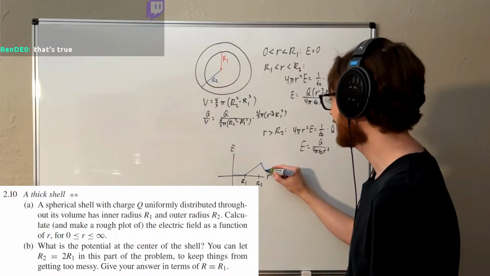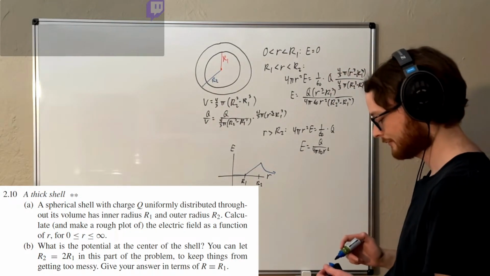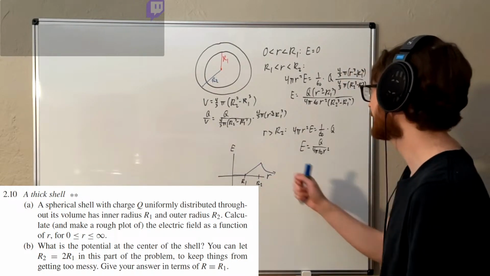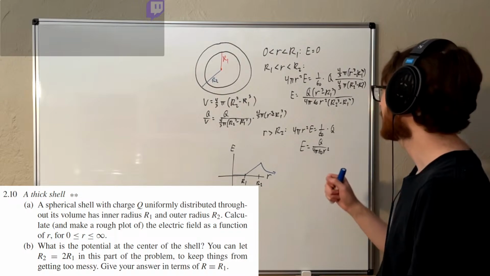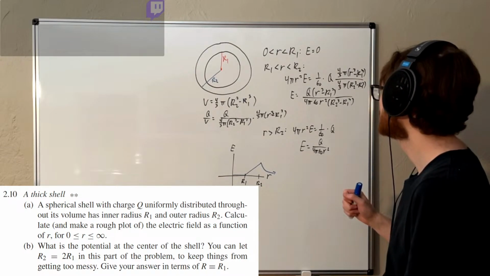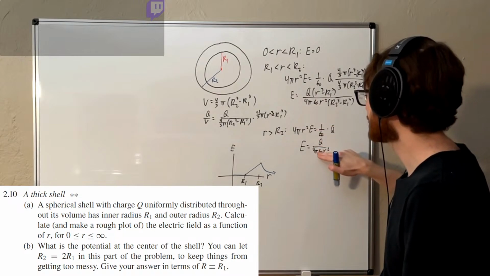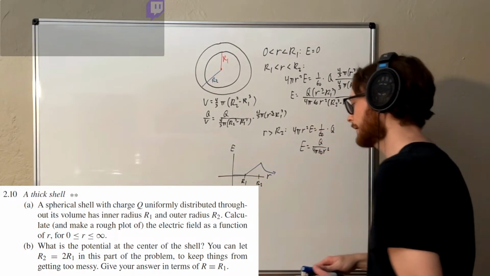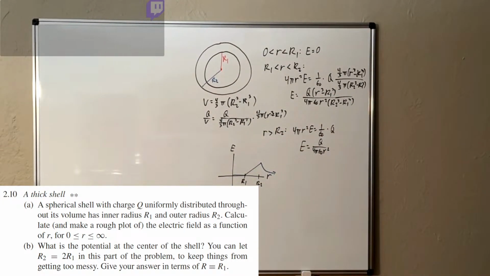Is it gonna be like that? I think so. Something vaguely like that. Actually, we should check if there's a discontinuity there. So if r equals r2, this cancels with that, and yeah, this is all continuous. Okay, that's my rough plot, I guess.